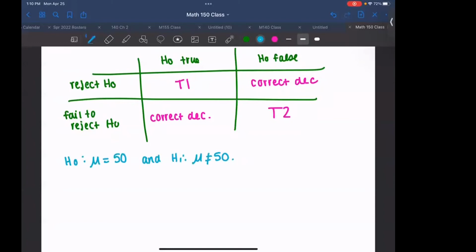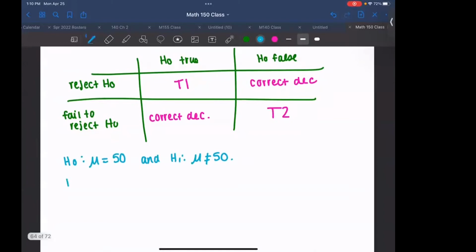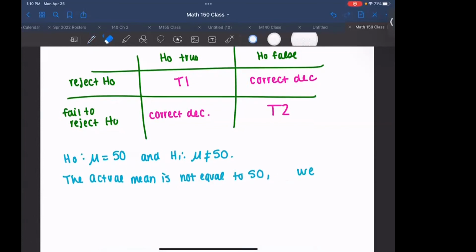So let's say the actual mean is not equal to 50, and we, I don't know, fail to reject.